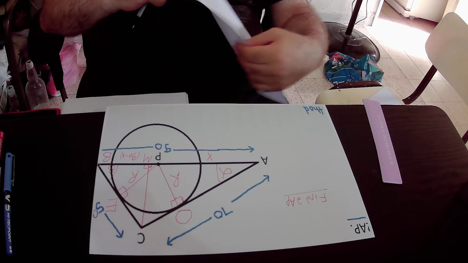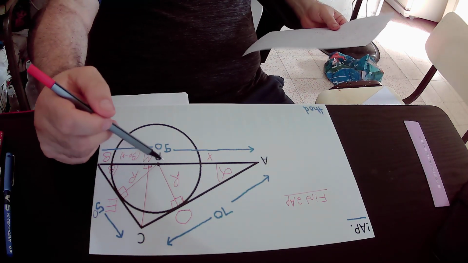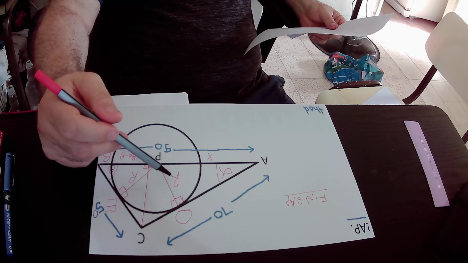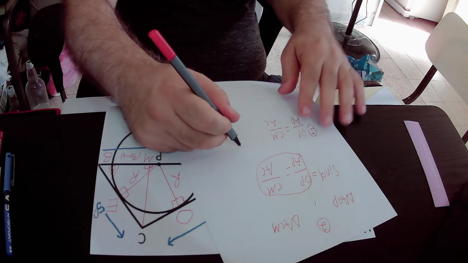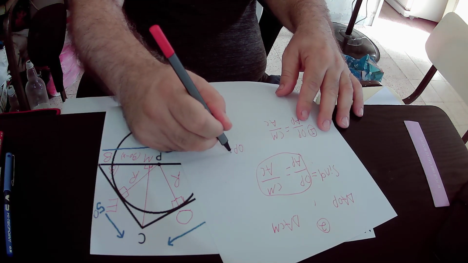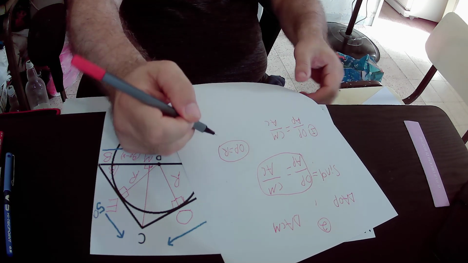But from the picture you see that OP equals R, the radius of the circle. So I write here, OP equals R, the radius of the circle.